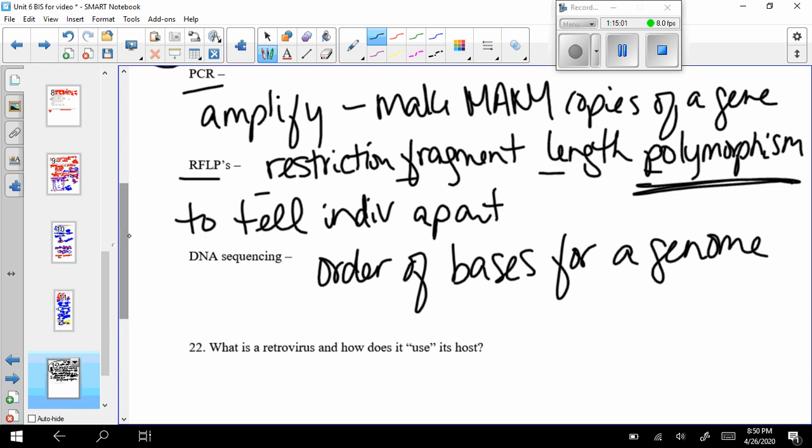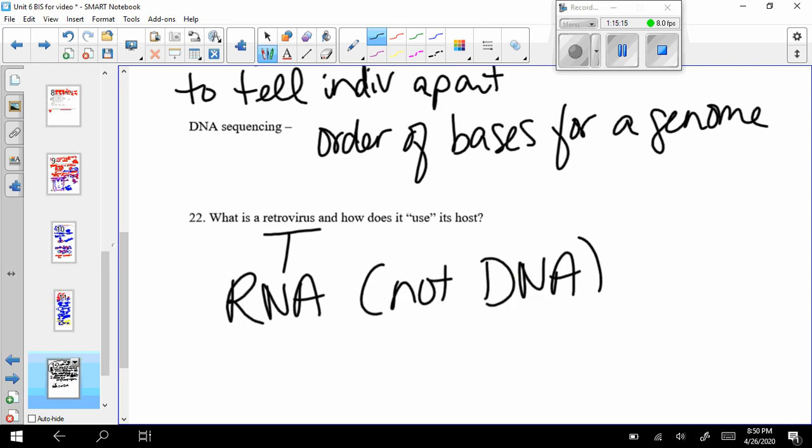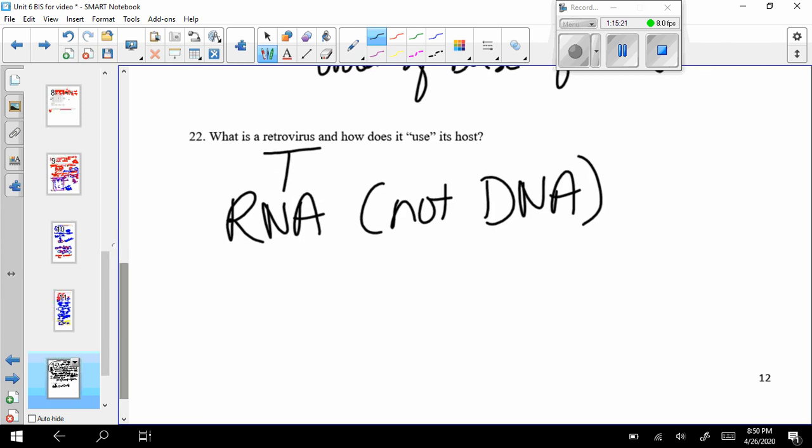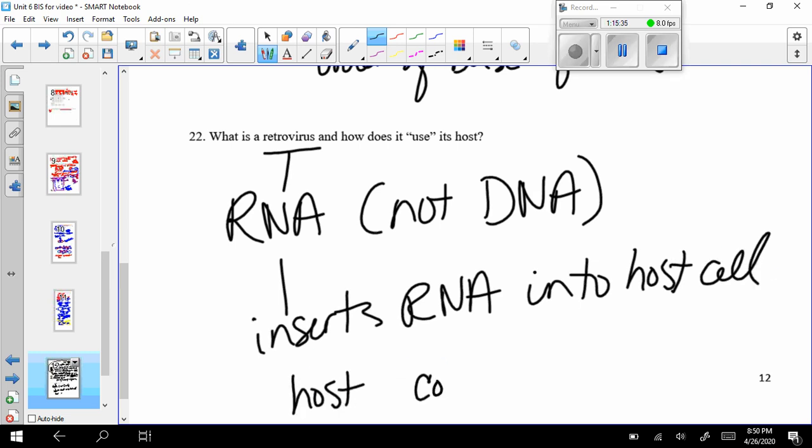All right, and my last question relating to COVID, what is a retrovirus and how does it use its host? So a retrovirus has RNA, not DNA. So COVID is an RNA virus, a retrovirus. And so how does it use its host? So it inserts its RNA into the host cell, and then the host converts the RNA into DNA.